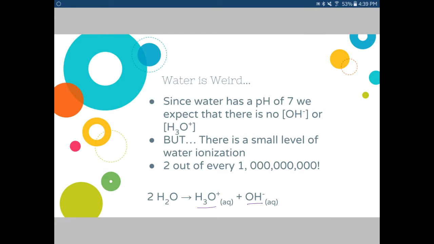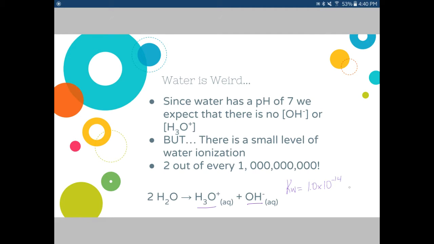Now, a conventional conductivity meter won't even recognize this level of conductivity. It has to be a very specific, very specialized conductivity meter, but we do see this happening, and this is called our water ionization constant. Essentially, 2 out of every 1 billion is the same as this water ionization constant, and we call that Kw, which is equal to 1.0 times 10 to the negative 14.